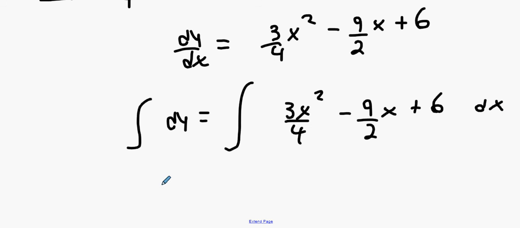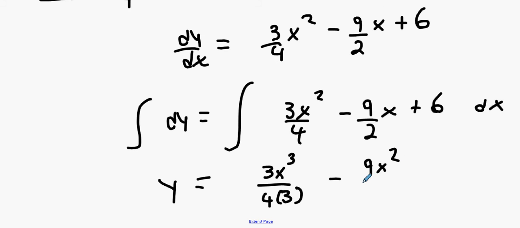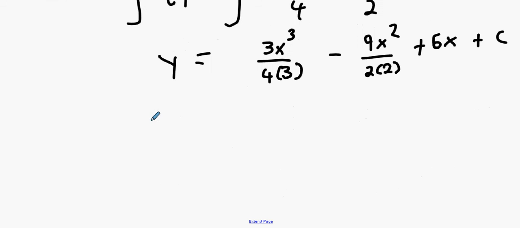So y equals 3x cubed over 4, add in another 3, 9x squared over 2, add in another 2, 6x, and then add in a c. So what's the y value going to be then? x cubed over 4 minus 9x squared over 4.